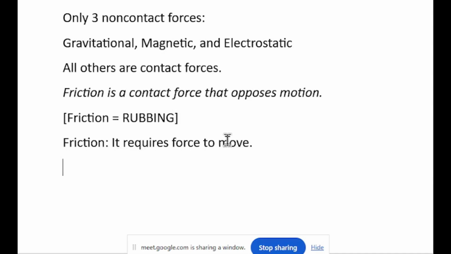It requires force to move. Second effect is it causes heating. If you rub for a long time, the thing will become hot. It causes heating. You can rub your hands or anything, you go on rubbing, after some time it will become hot. Mixer grinder, mixie grinding, after some time it becomes hot.